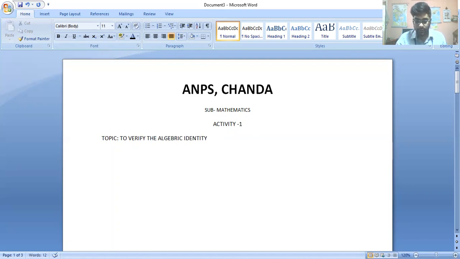What is the algebraic identity? The algebraic identity is (a + b) whole square is equal to a square plus 2ab plus b square.